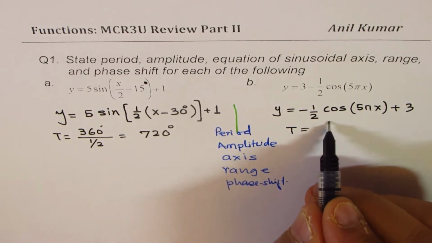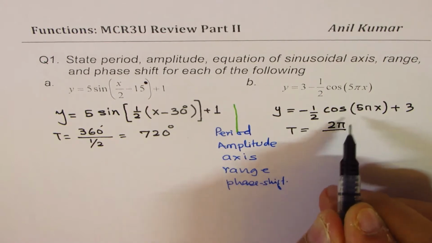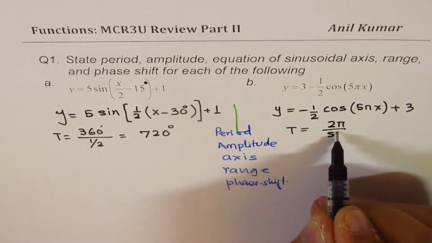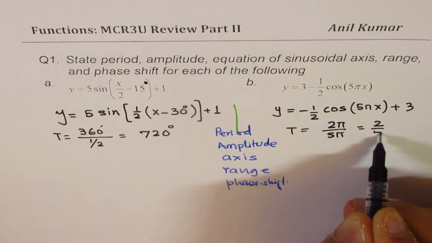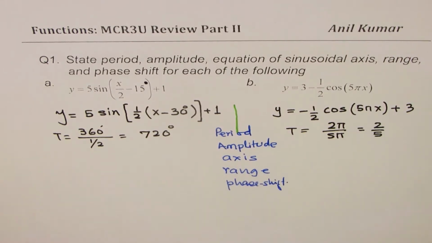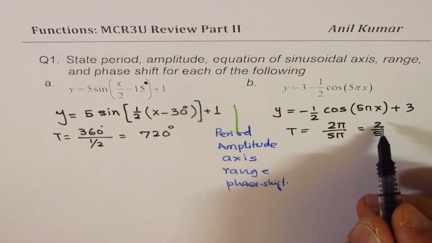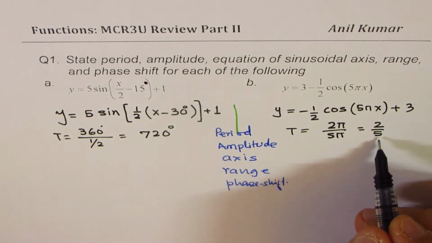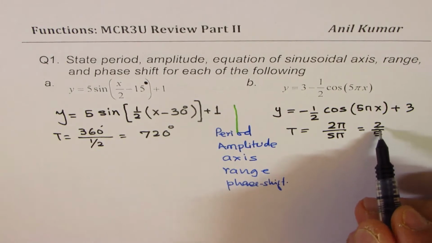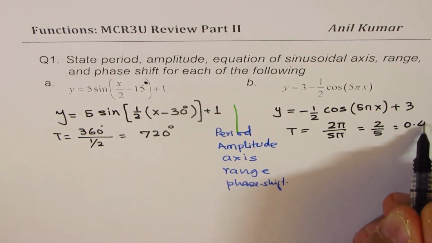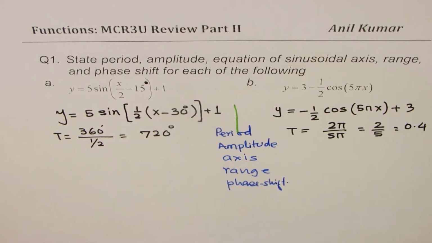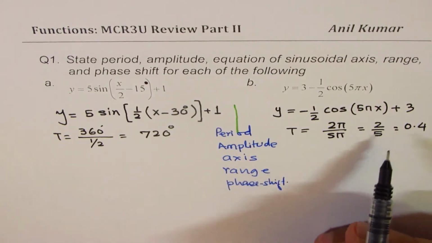So in this case, you will divide 2 pi by 5 pi, the k value, and the period will be 2 over 5. Is it okay? I'm not converting them into decimals. However, it's very easy. You could multiply by 2, get 4 over 10, which is 0.4. Okay, so that becomes the period.